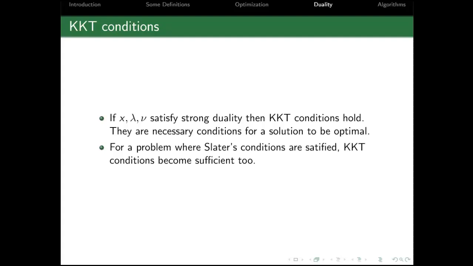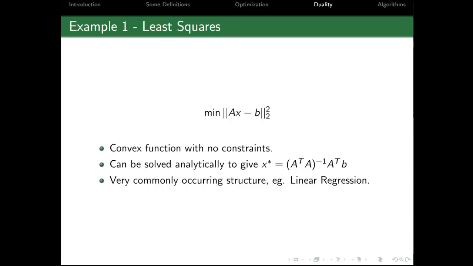Now we'll look at some examples. First is the most popular example of least squares. We are trying to minimize the 2-norm of Ax minus b with no constraints. You can clearly see that this is a convex function and has no constraints.